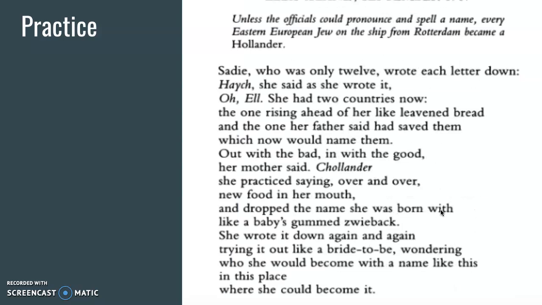And my second one is an account from Ellis Island from September 1907, which talks about the perspective of an Eastern European Jewish person who came to Ellis Island, and her experience there with her name and everything like that.